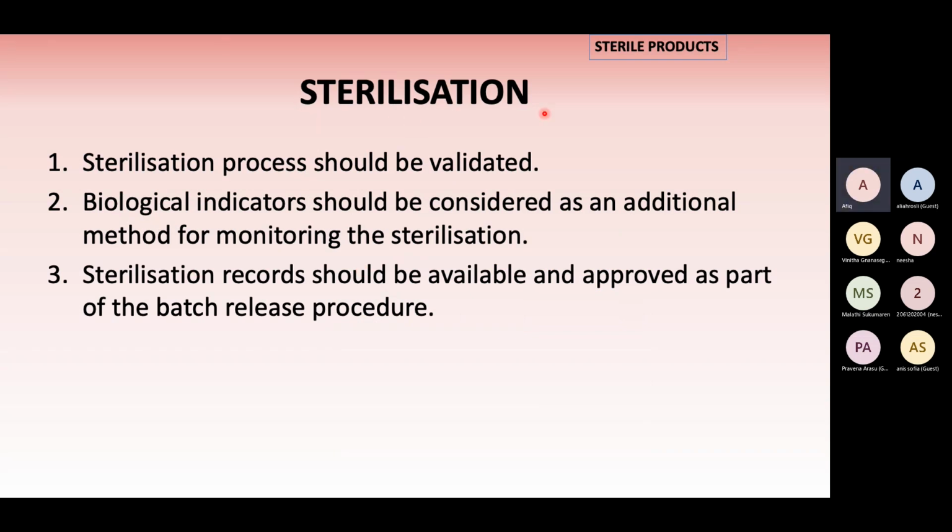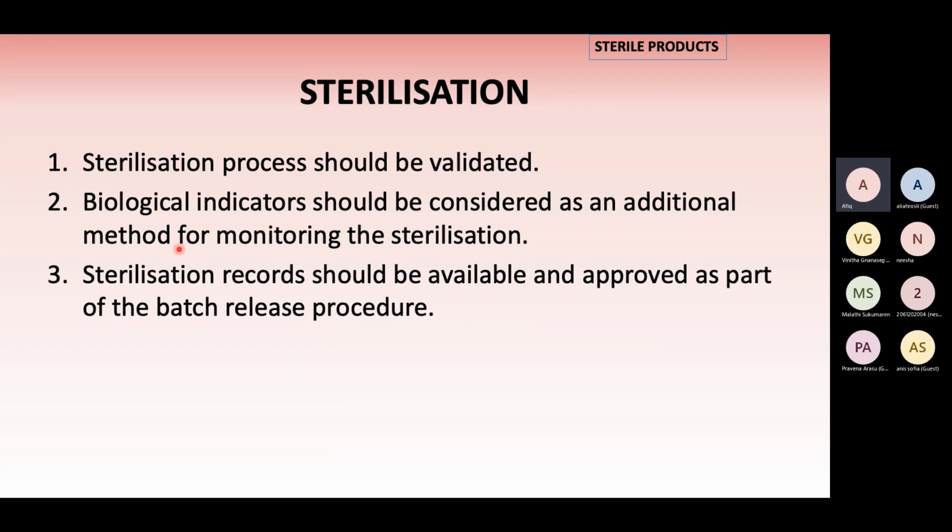The sterilization process, the GMP for the sterilization process, it should be validated, and then biological indicators also have to be considered as an additional method for monitoring the sterilization. That means this is in terms of microbiological growth.